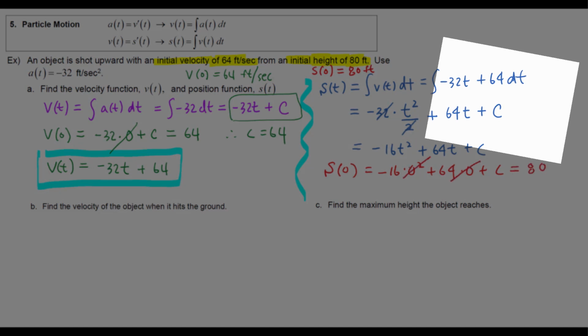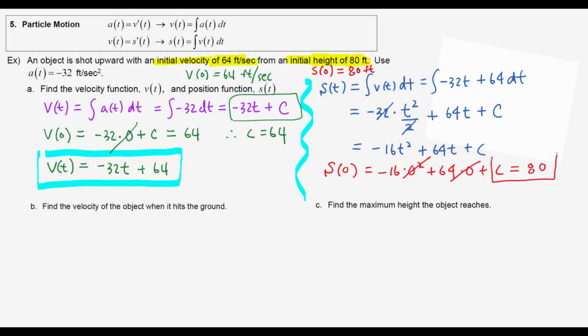So this is 0, and you can see that c equals 80. So your s of t is, this was s of t right here, and I just have to plug this c in there. So negative 16t squared plus 64t plus 80. And you found your s of t as well.